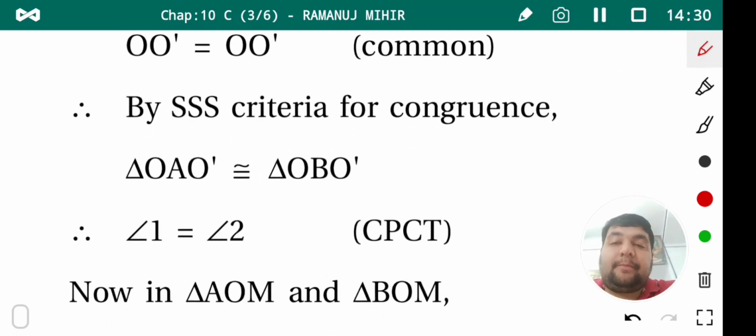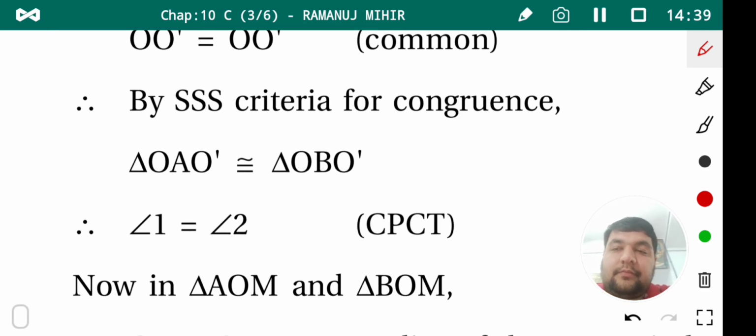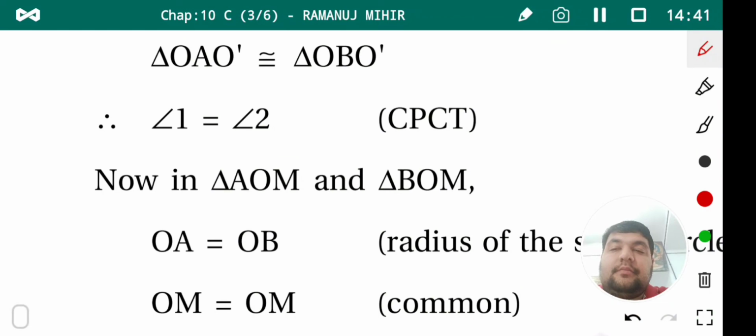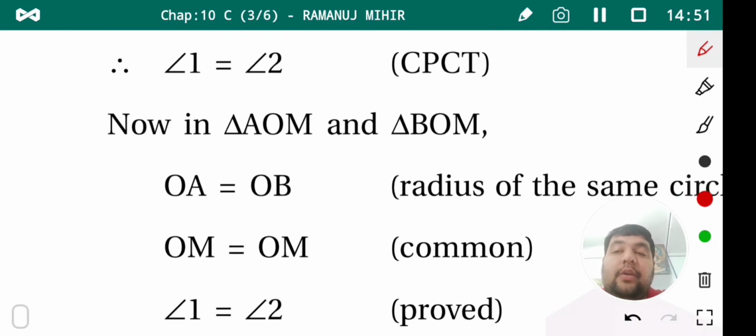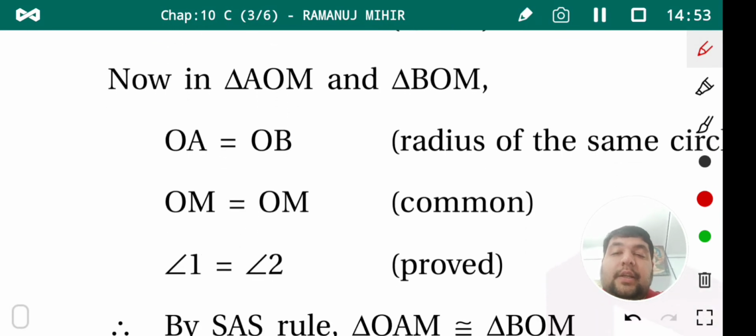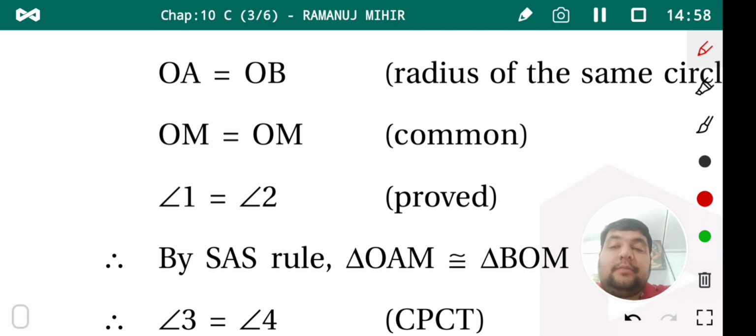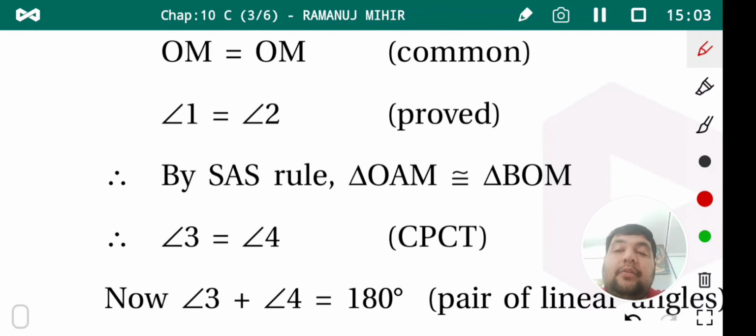So angle 1 is equal to angle 2 by CPCT. Now we are taking another two triangles, AOM and BOM. OA equals OB, OM equals OM, and angle 1 equals angle 2, which is already proved. So by the SAS rule, triangle OAM is congruent to triangle OBM, so angle 3 is equal to angle 4.